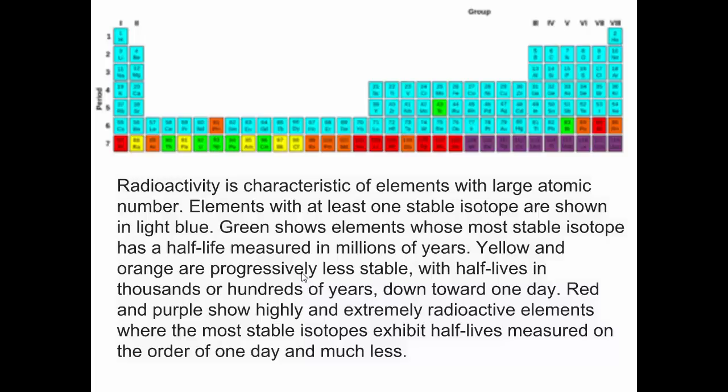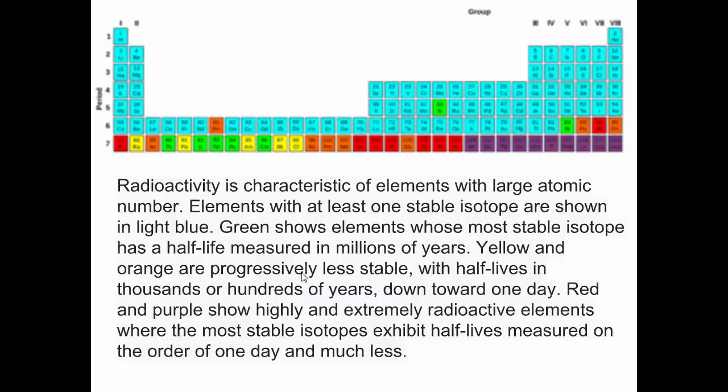So the stable elements that have a stable isotope are in blue, which is obviously the majority of the elements. The green shows some of the elements that are radioactive, but decay very slowly, on the order of millions of years.